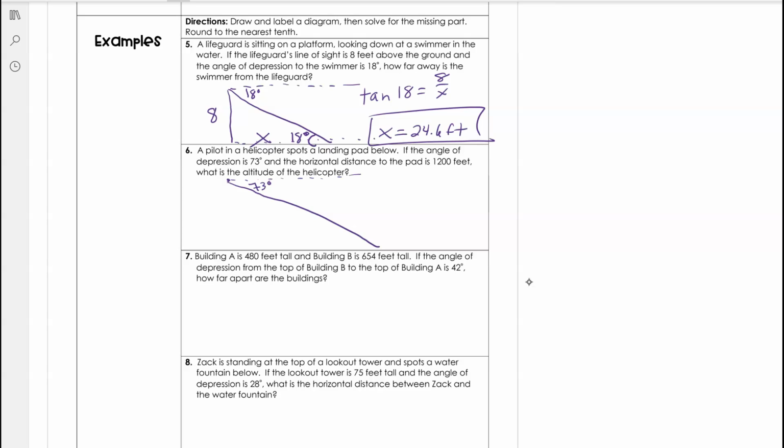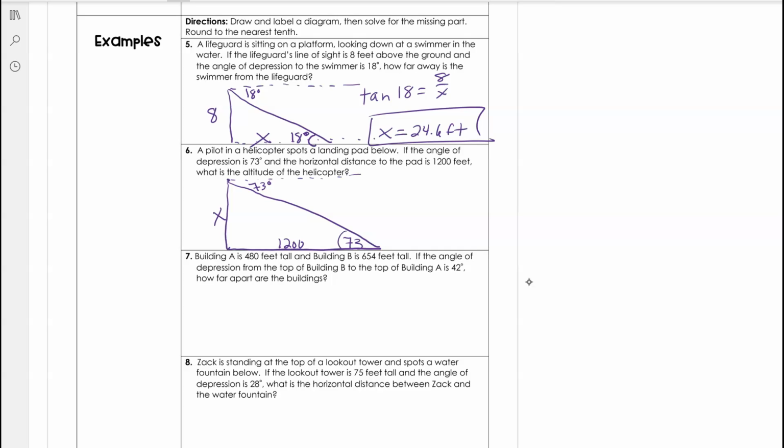The horizontal distance to the pad, so there's our vertical distance. Our horizontal distance is 1200. Our angle here is also 73 degrees because of parallel lines, alternate interior. The question is, how high is that helicopter?